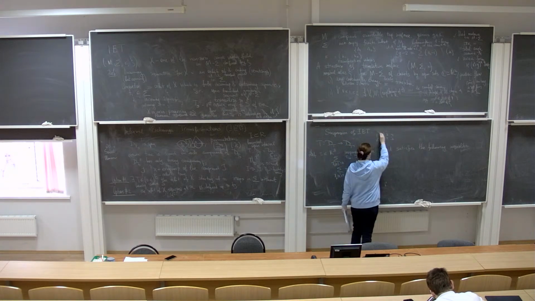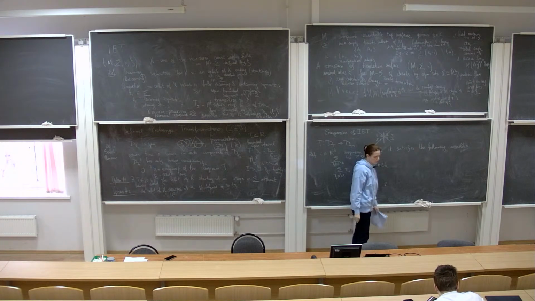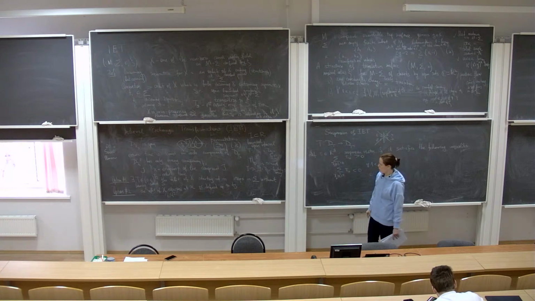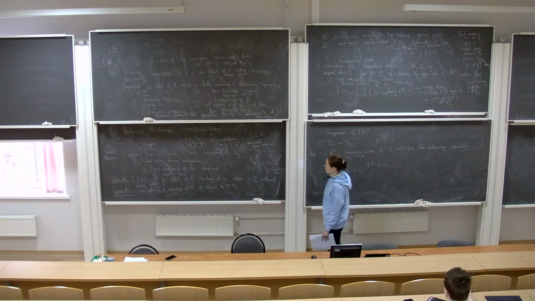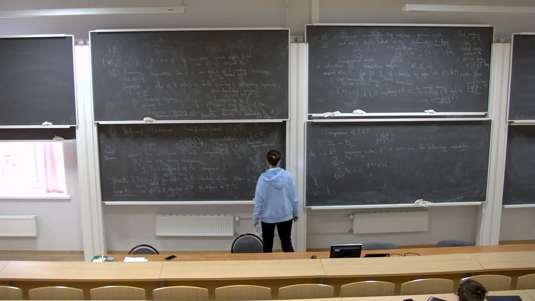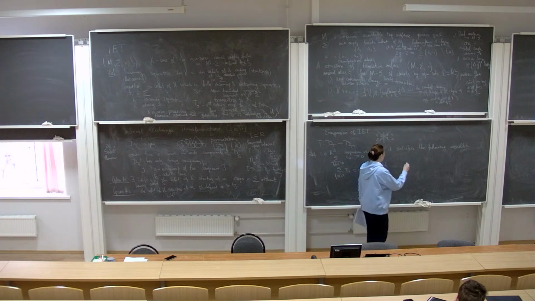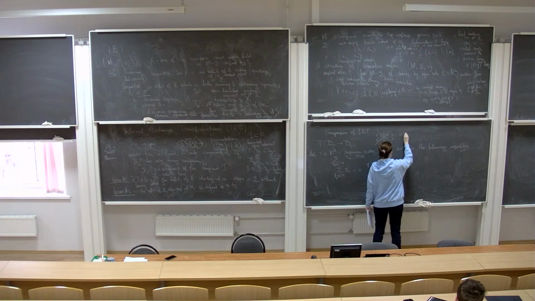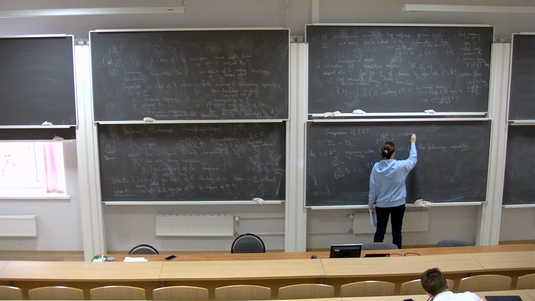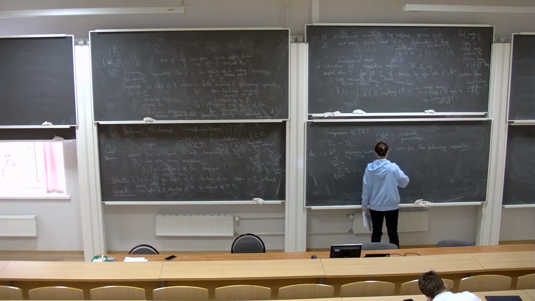So this should be forbidden. If we want to have some non-trivial dynamics, we should forbid all the permutations that split into two independent parts. So we will consider only irreducible permutations. And this one is called reducible.